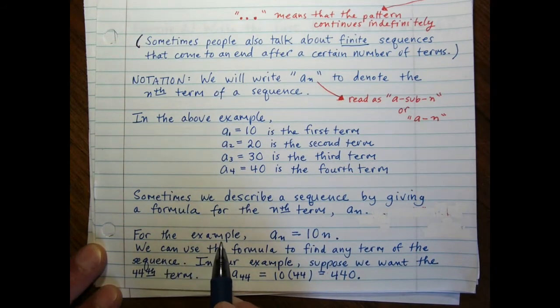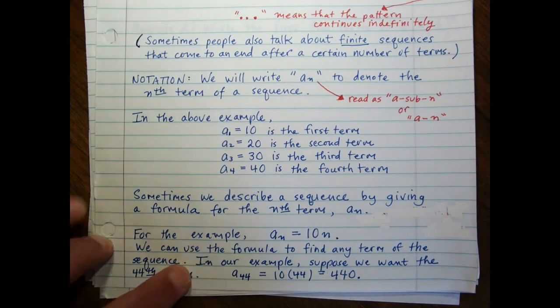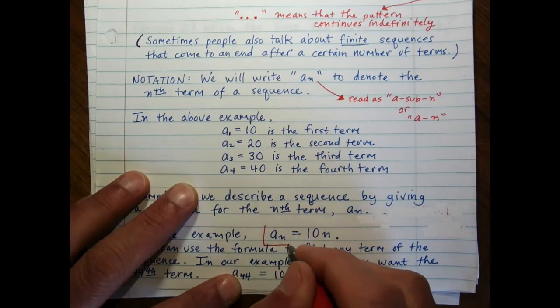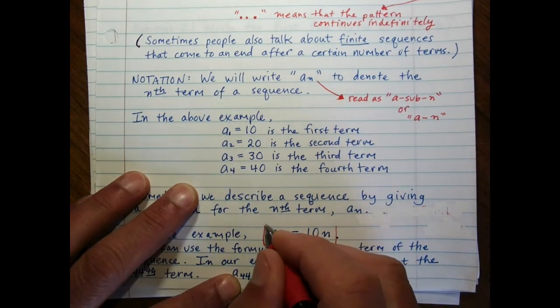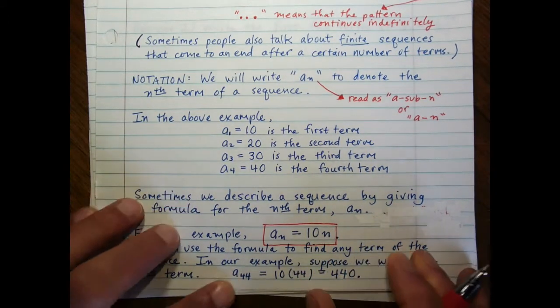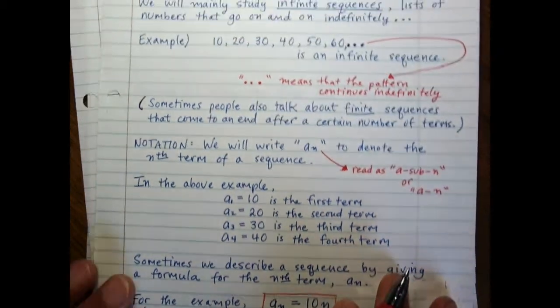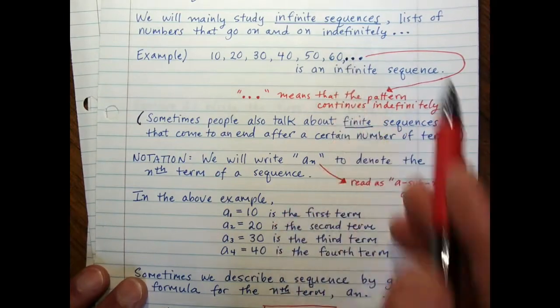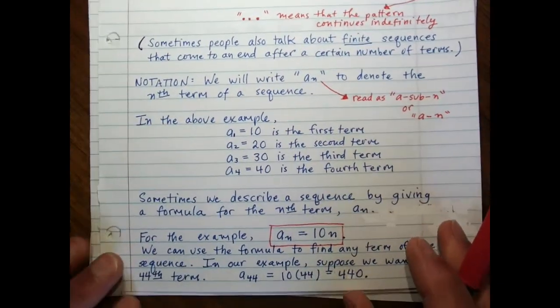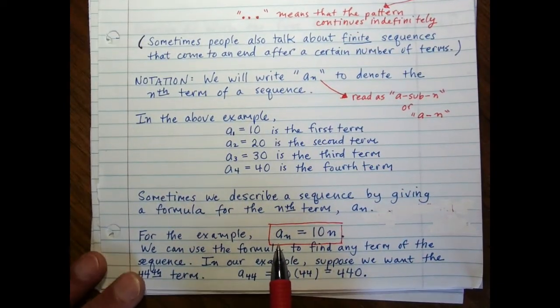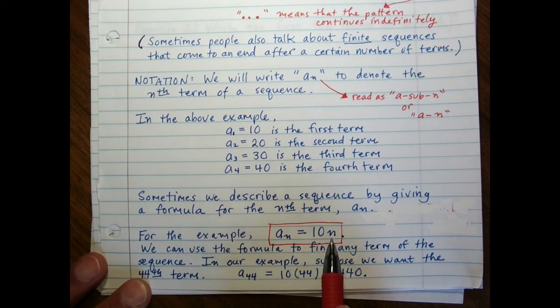We can just write a sub n is equal to 10 times n. And what I just put in the red box there sums up that whole sequence from our example, because from that formula, we can get any term we want by plugging in the corresponding value of n.